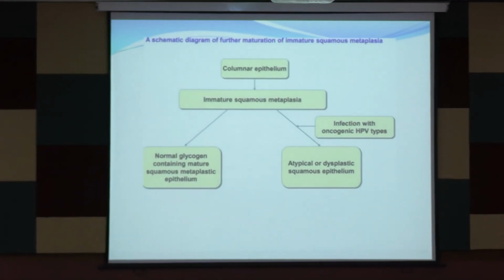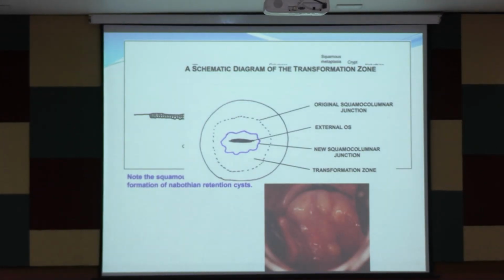Now when it tends to move outwards, the initial part, for example in this slide, this area was originally having columnar cells. Now the squamous cells come in and form a layer over that, which is called squamous metaplasia. These new squamous cells are known as immature squamous metaplasia. Now there can be two outcomes.